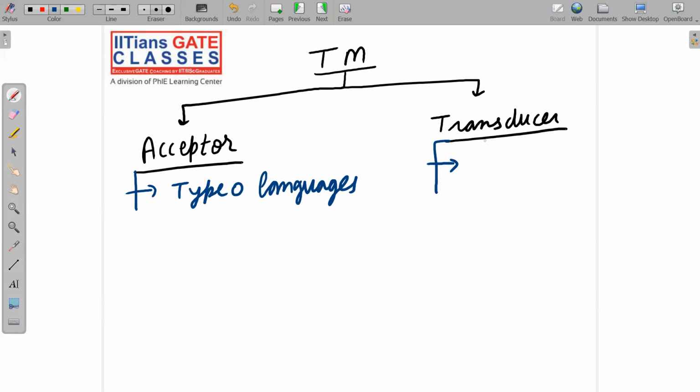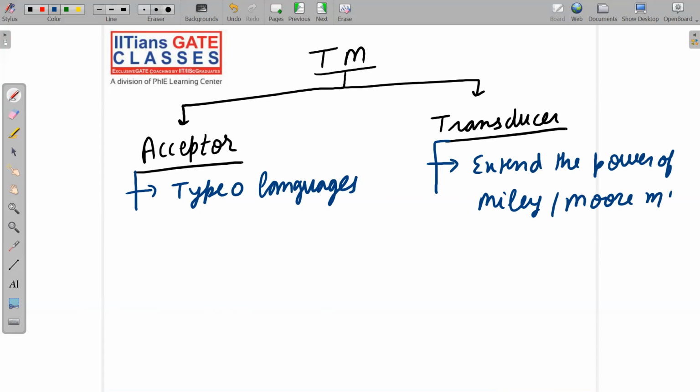And as a transducer, it extends the power of Mealy machines. Because in a Mealy machine, we have only a read head, but here in the Turing machine, we have a read write head.